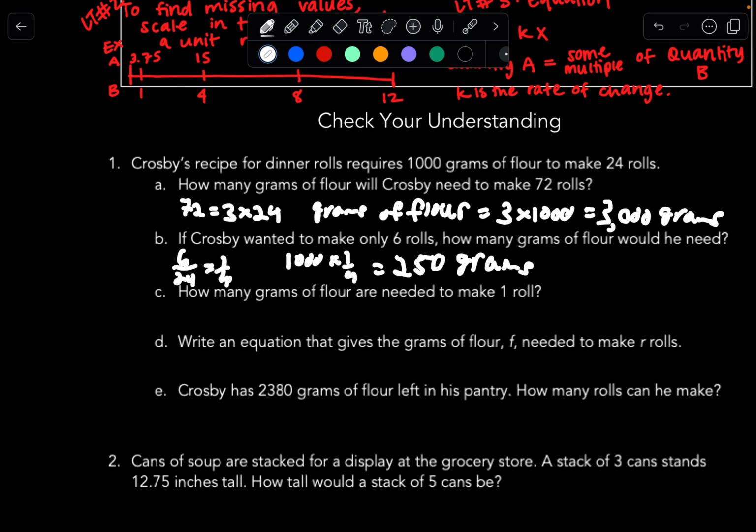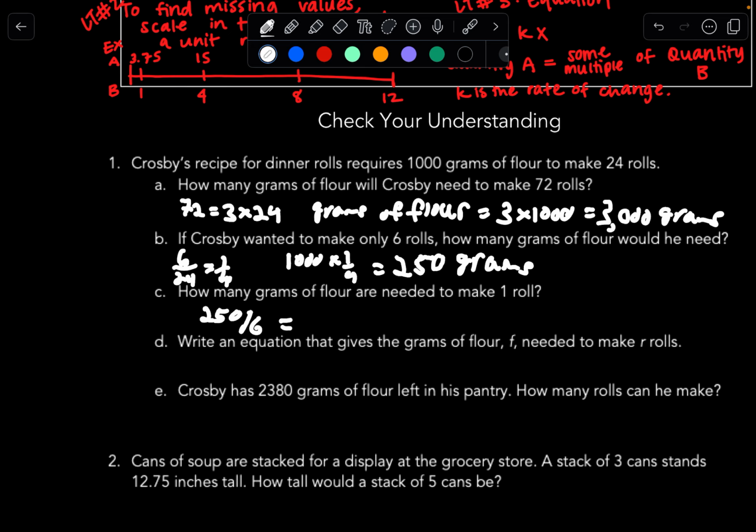How many grams of flour do I need to make 1 roll? Now we're going to the unit rate. Well, if it took 250 grams for 6 rolls, take the 250 and divide it by 6, and that will be your unit rate.